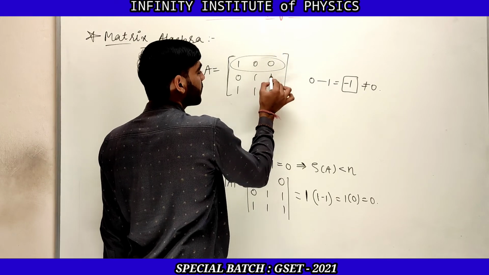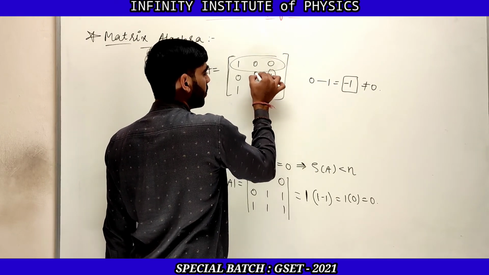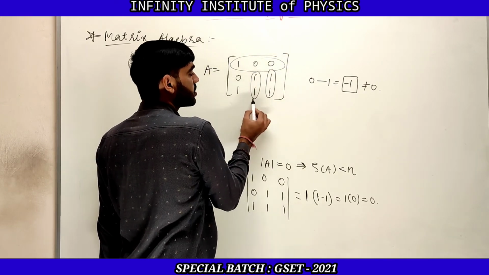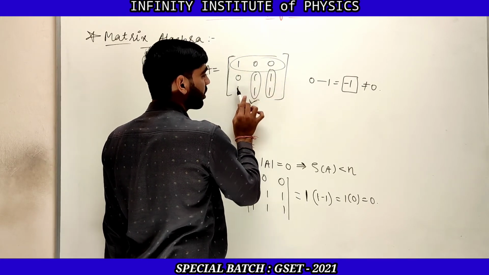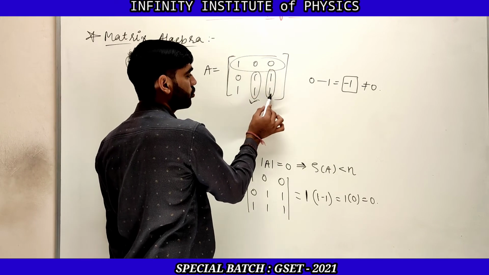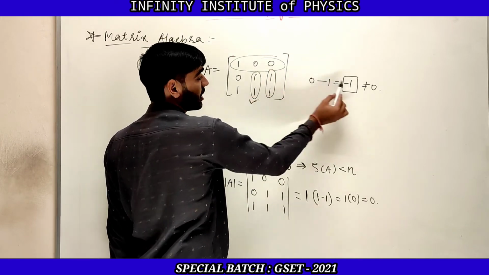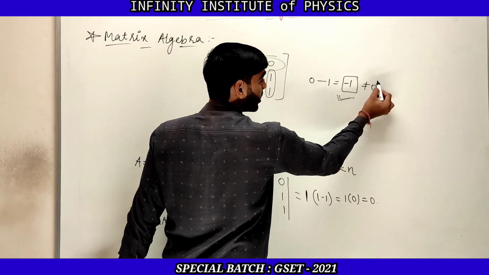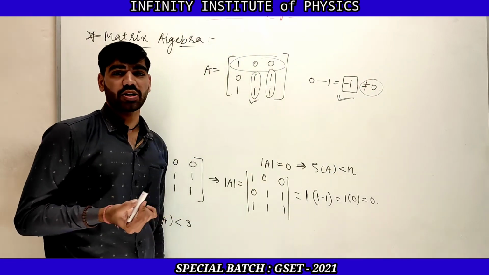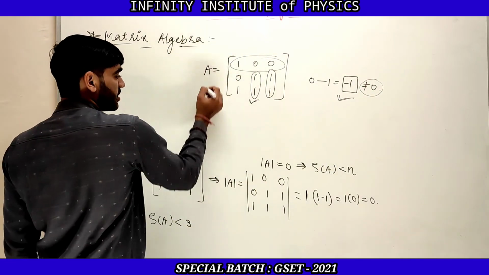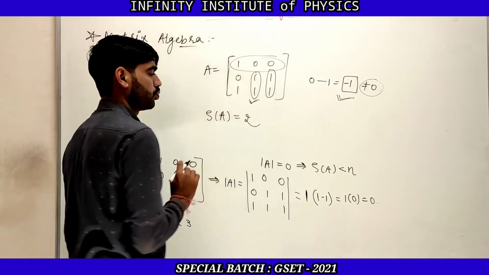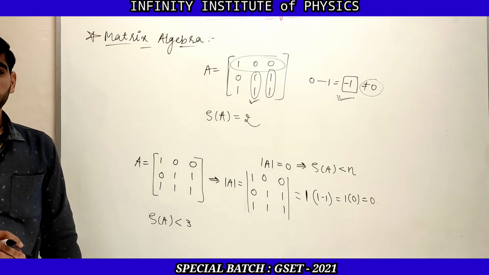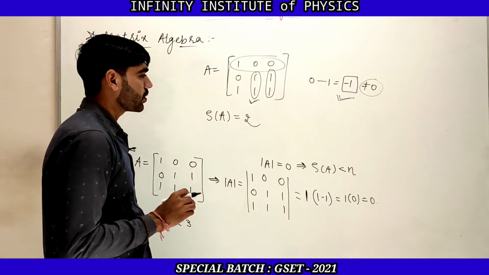So either neglect this column or this column, and suppose you neglect this one, then find out the determinant of the remaining 2 by 2 matrix. 0 into 1, that is 0, minus 1, and that is minus 1. So here you are getting the determinant not equal to 0. That means this is a matrix of rank 2.